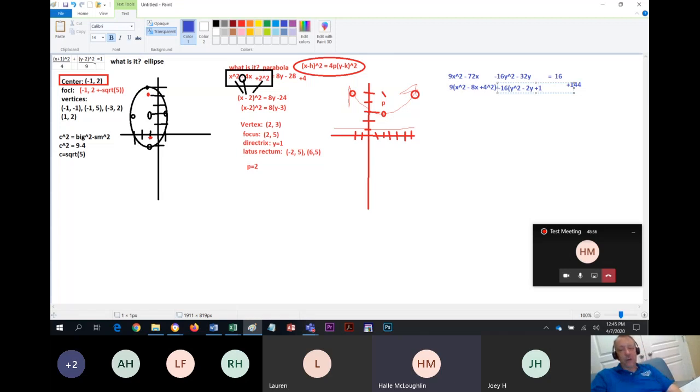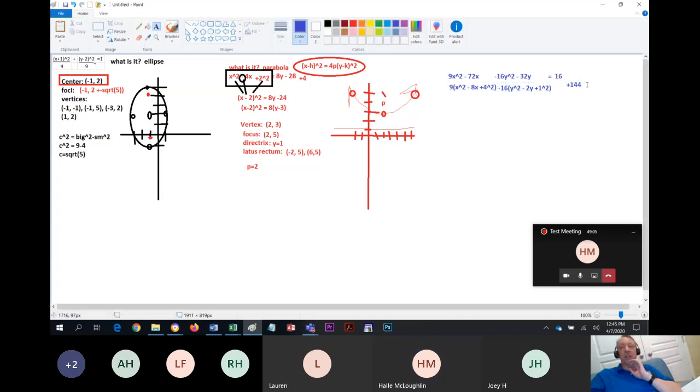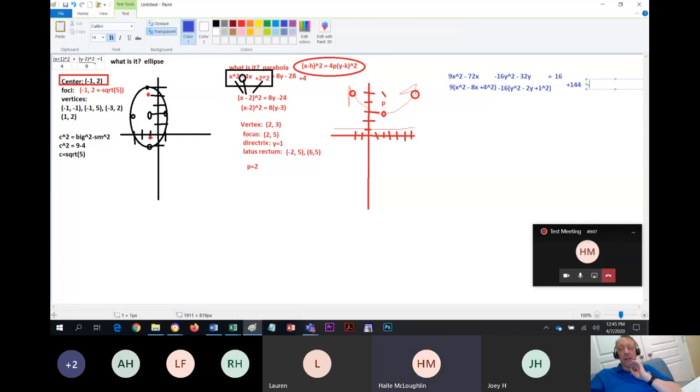So I need to add 1 squared, but I'm really multiplying that 1 times a negative 16. So I'm really subtracting 16, which means if I subtract 16 on the left, I have to subtract 16 on the right as well. Okay?